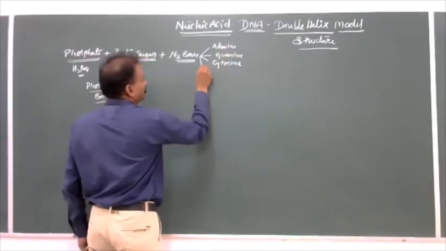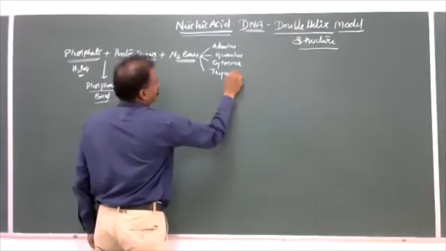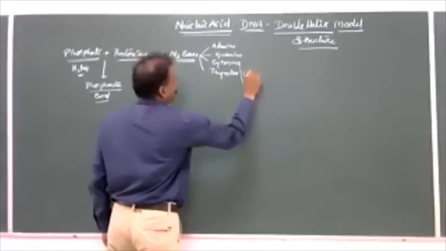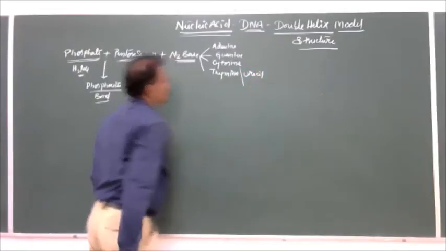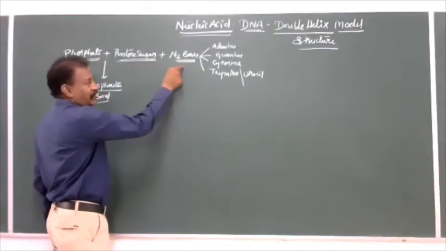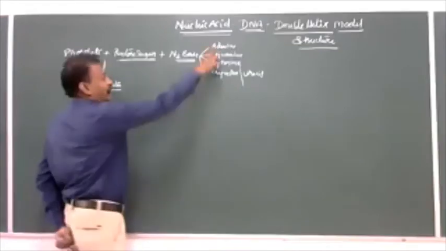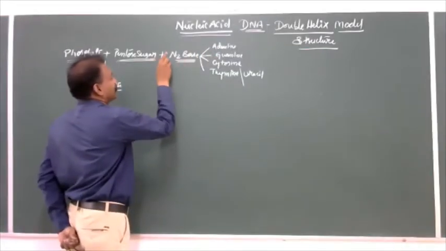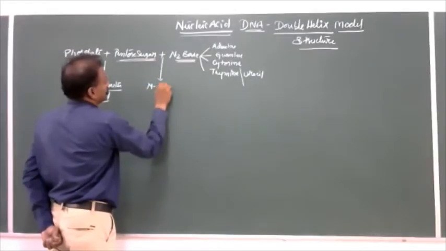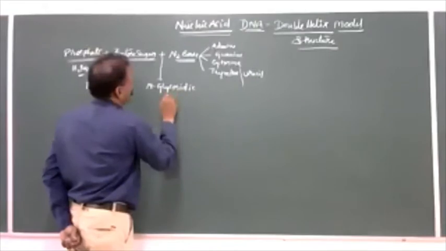Here the fourth one changes. If it is DNA, thymine will be there. If it is RNA, uracil will be there. So to a pentose sugar, out of the 5 types of bases, any one base is attached with an N-glycosidic bond.